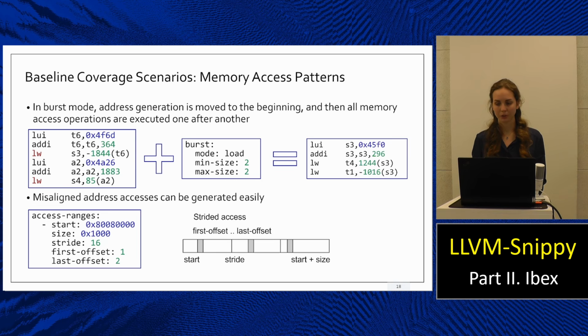For example, first offset and last offset can be chosen so that misaligned accesses appear almost immediately instead of by chance. We give the generator constraints under which the needed memory pattern appears naturally and remains reproducible across runs.